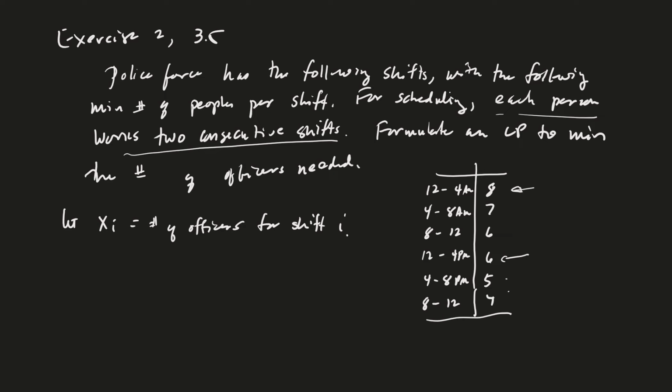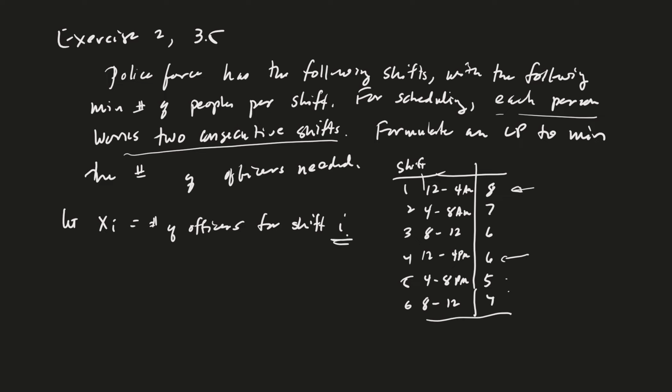And then we would just let x1, well, this will be shift 1, 2, 3, 4, 5, 6. Okay. Well, the problem with that is, would that work? Well, that doesn't say anything about consecutive shifts, right?